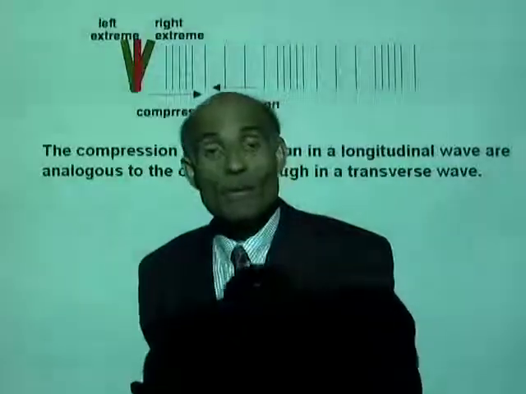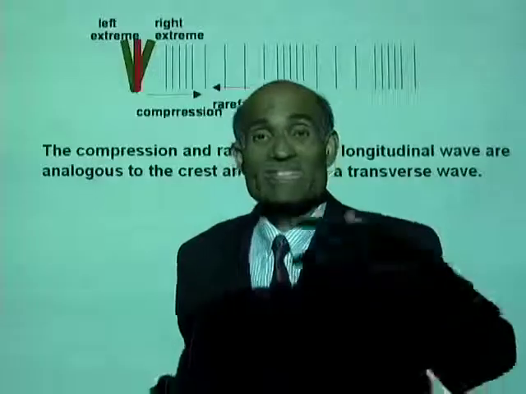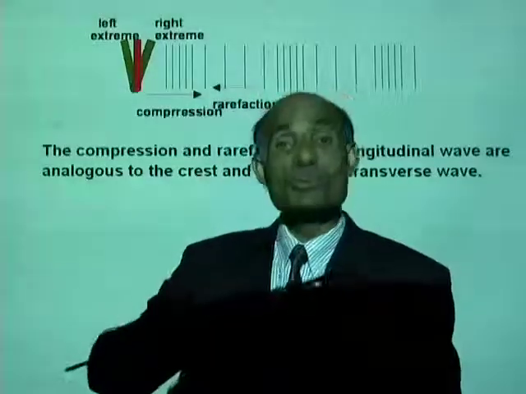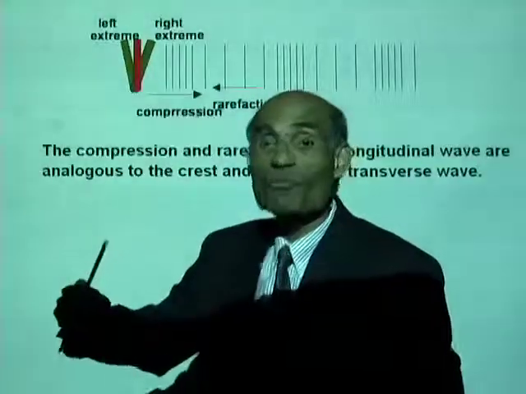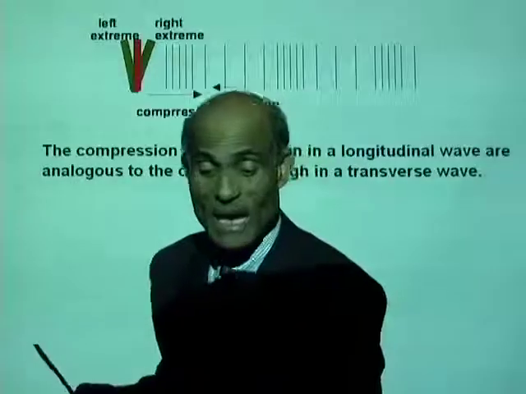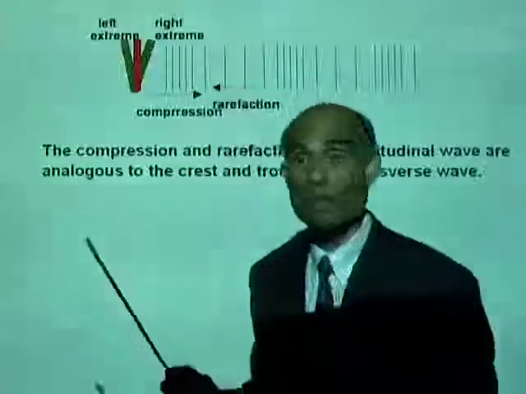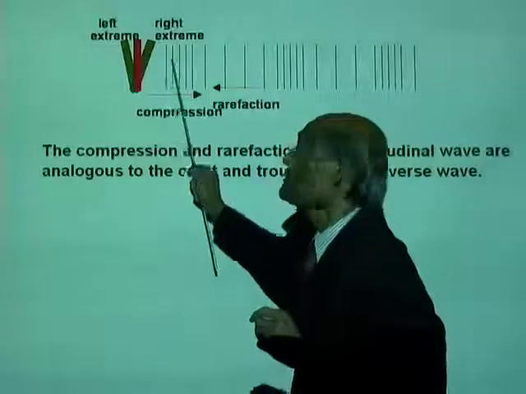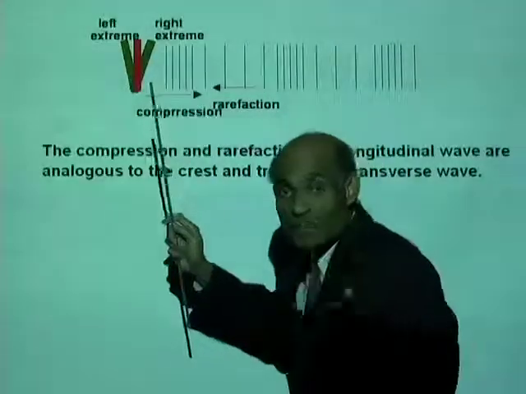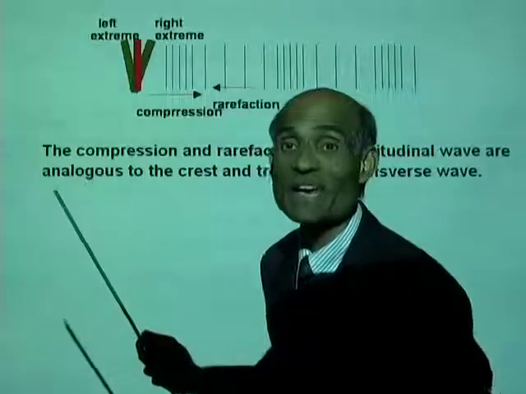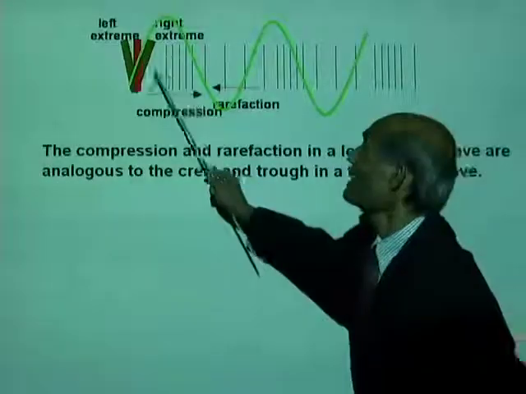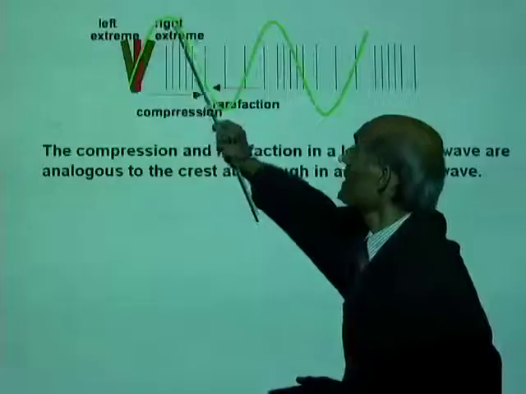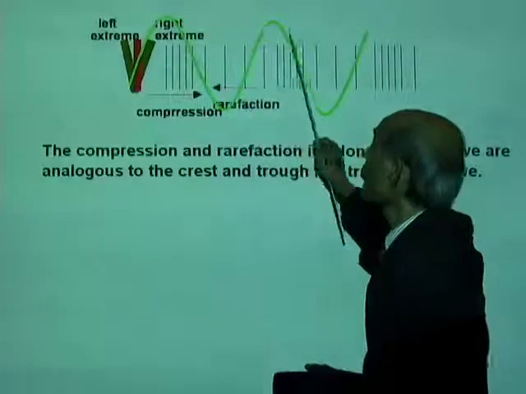So even when we want to draw a sound wave, we will use the transverse waveform, the crest and the trough. But remember, when you draw a crest, it means a compression. When you draw a trough, it means it is a rarefaction. There you are. So I have drawn now a transverse waveform.